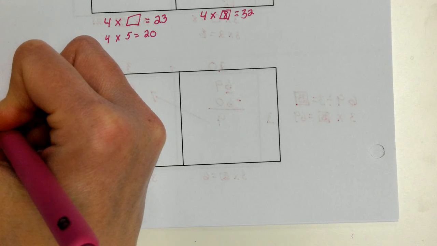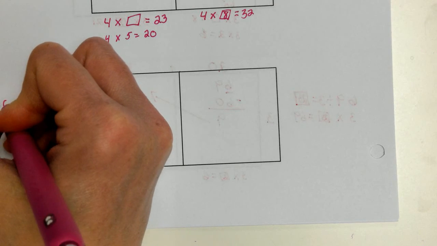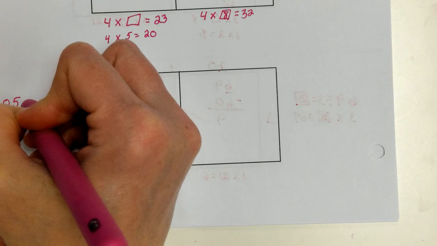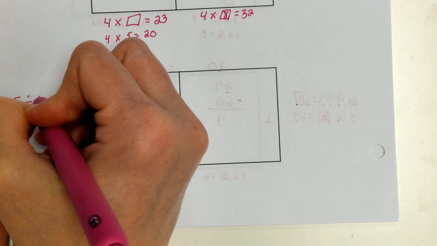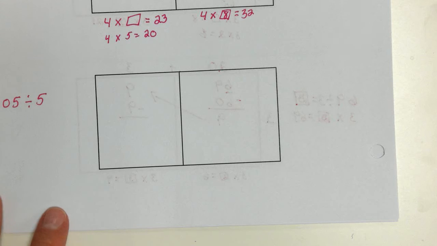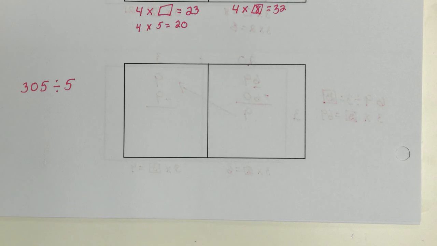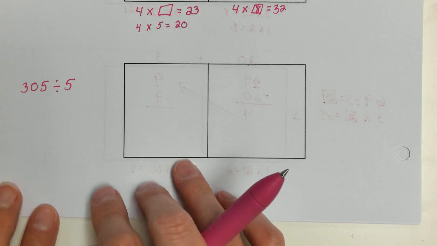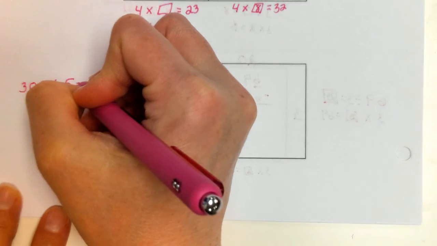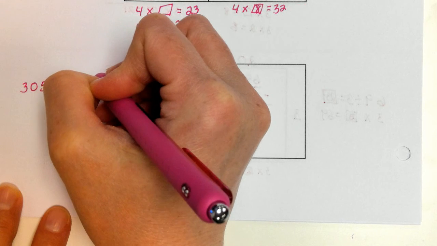Let's do this one. And I'm going to tell you this, probably by the end of next week, you could do that one in your head without even working it out. But we're still on level 1. You'll be at a whole other level. All right, so 305 divided by 5 equals a mystery number.